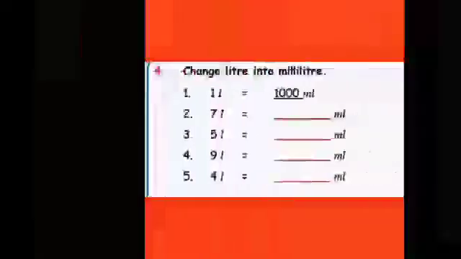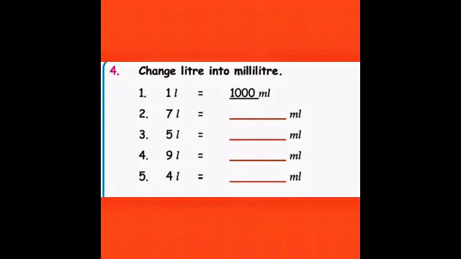Question number 4. Change the liter into milliliter. Just now we saw that 1 liter is 1000 milliliter, which means that 7 liter is 7000 milliliter. 5 liter means 5000 milliliter. 9 liter means 9000 milliliter. 4 liter is equal to 4000 milliliter.